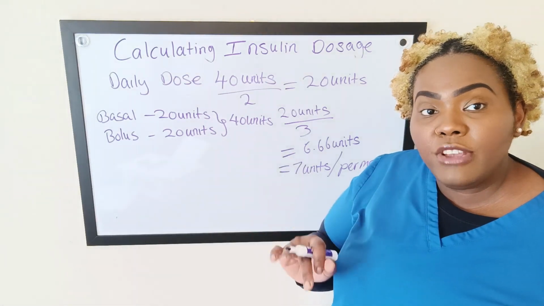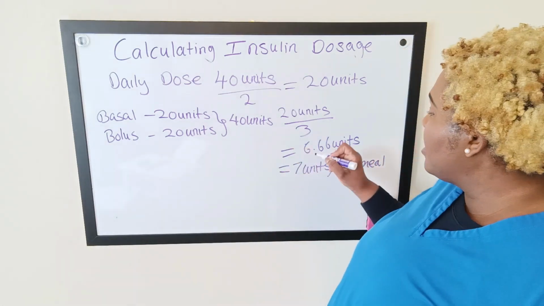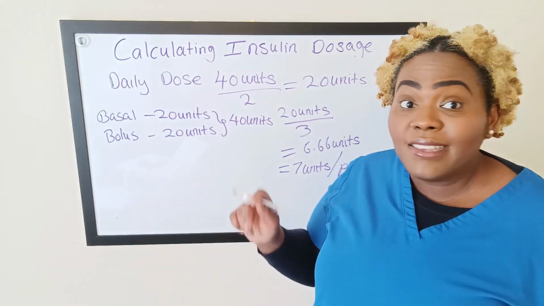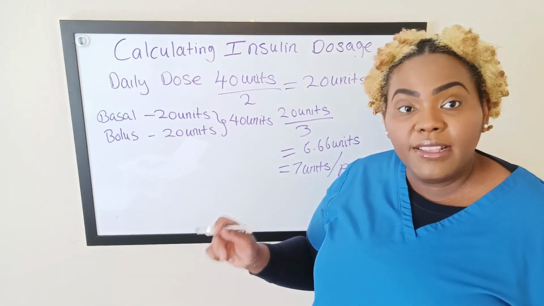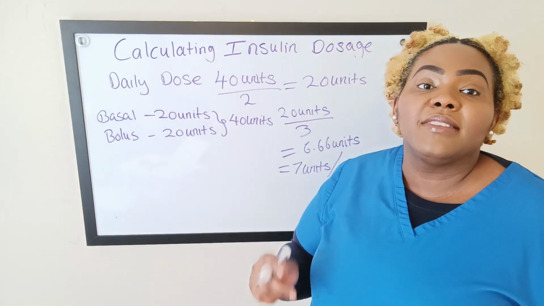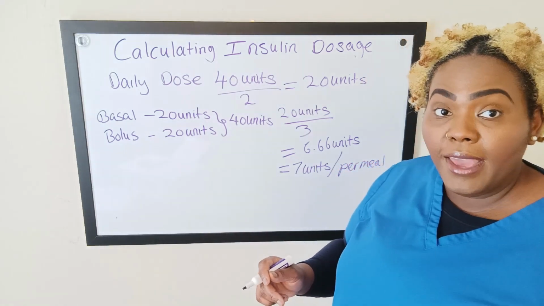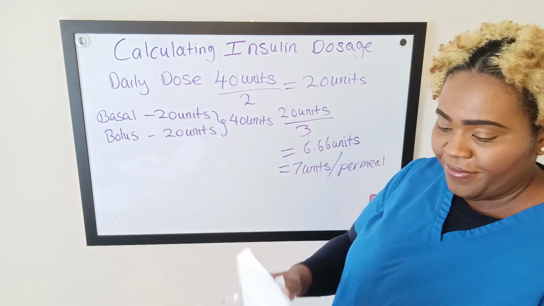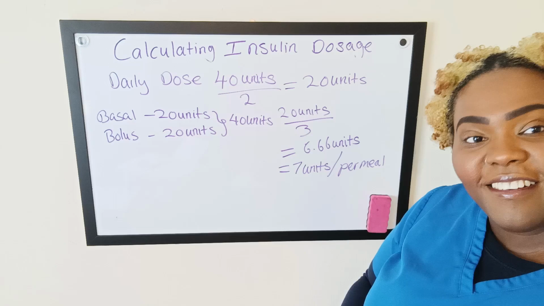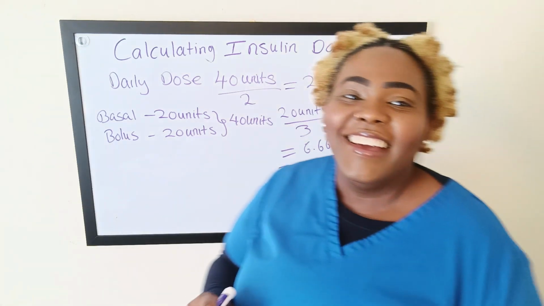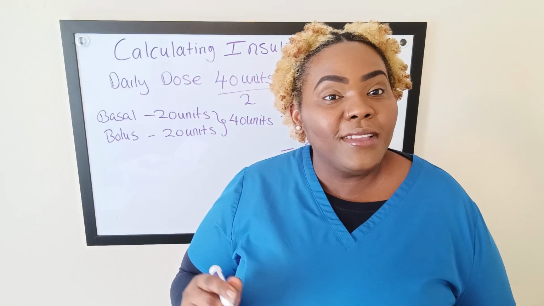Divide that by 3 meals will give us 6.66 units. We know we don't give 6.66 units when we administer insulin, so you round it to the nearest whole number, which is going to give us 7 units. Okay? So that's our next scenario. Alright? That was tricky, maybe you think. So let's get on to our next scenario.